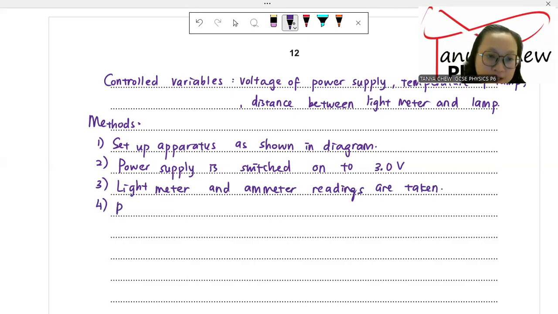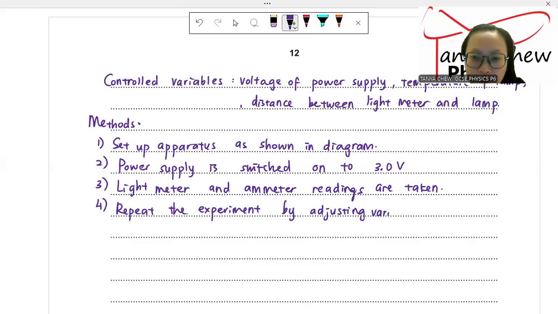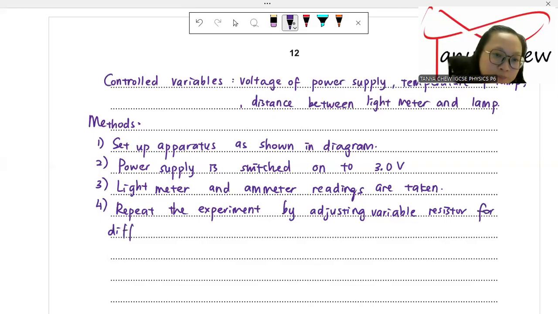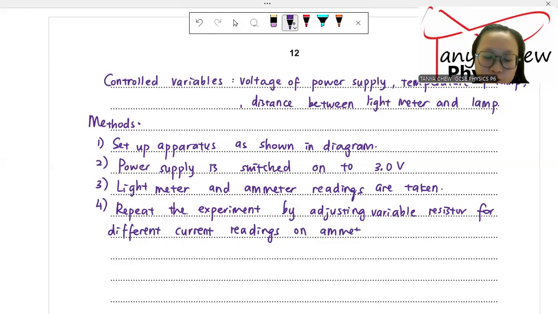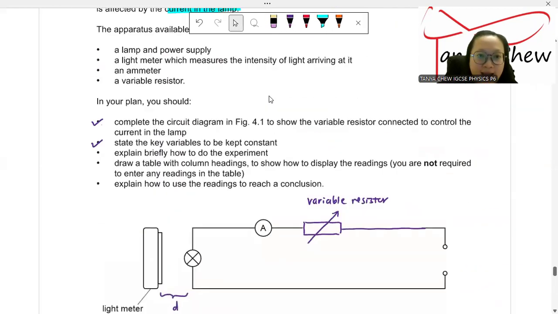So you have to repeat the experiment by adjusting the variable resistor for different current readings on the ammeter. So the last part of the method is always repeat the experiment. So I'm done with that.